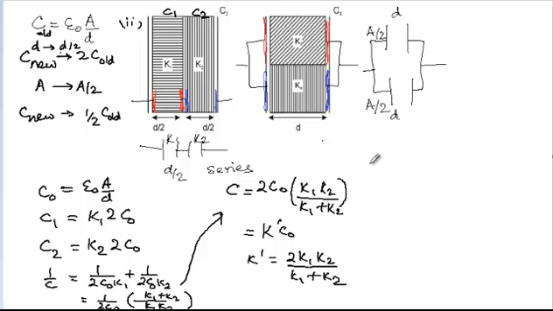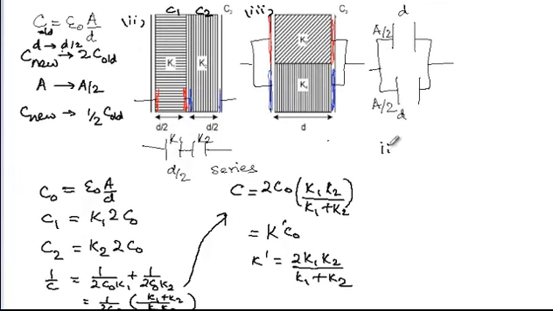In the third case, this is the third case, over here, let us find the equivalent capacitance once again. In the third case, I'll once again take this as C1 and C2. This is C1 and this is C2.